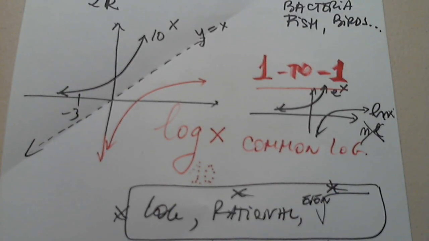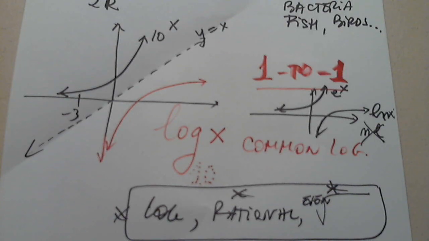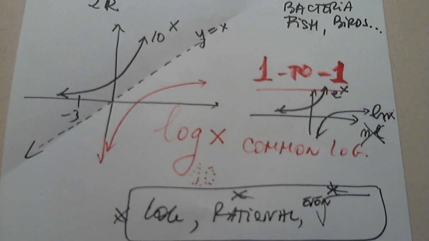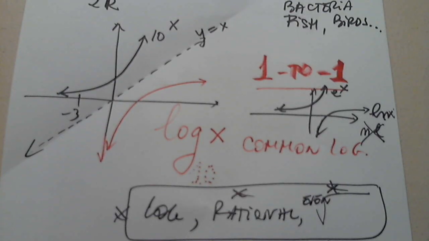So if I apply natural log to e to the x, I'm just curious to see. I'm petrified of what the answer would be. The answer here should be x, because natural log cancels e, and e cancels natural log, but it gave us 5.